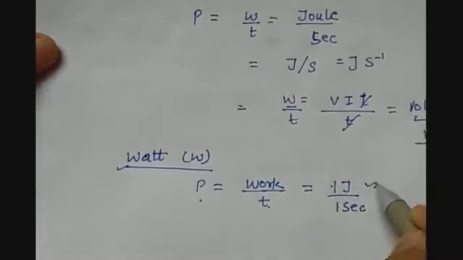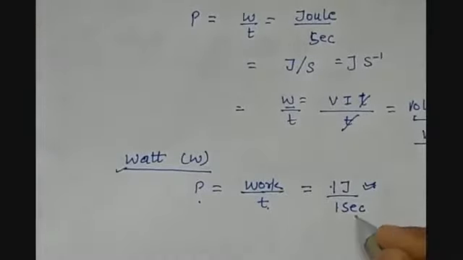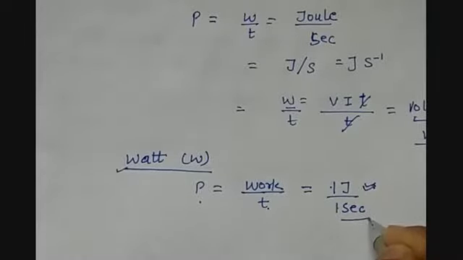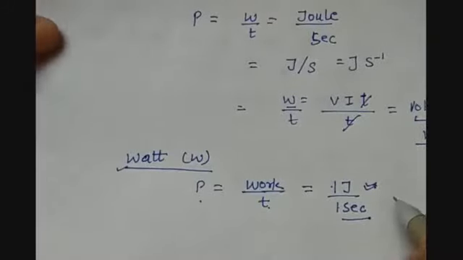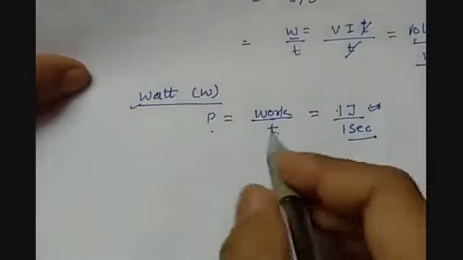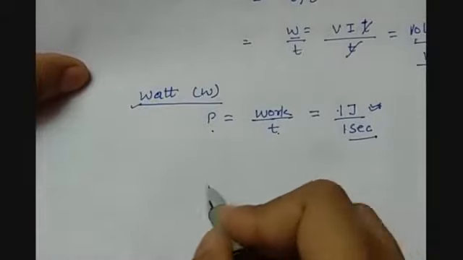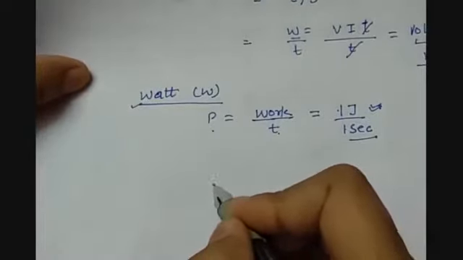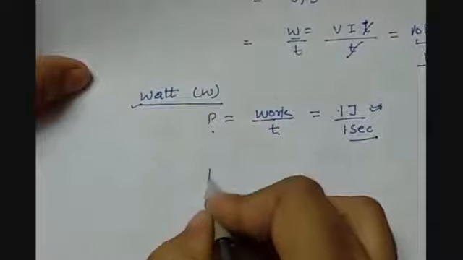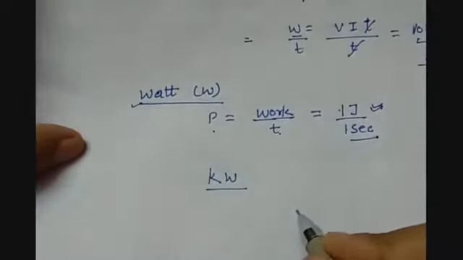When 1 joule of electrical energy is consumed by the electrical appliances in 1 second, then that rating, or you can say the rate of consumption, will be 1 watt. So what is a smaller scale energy value? That is why the commercial unit for power is kilowatt, like the kilowatt hour we have seen for electrical energy.